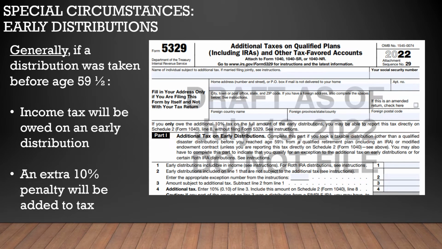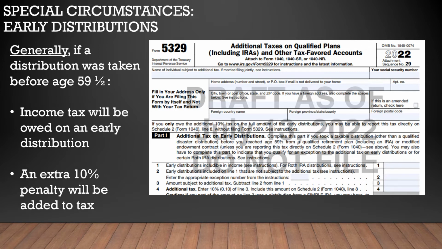So again, if you see, for instance, code 1 in box 7, we have an early distribution. Code 2 refers to early distributions as well, but there was a known exception. Generally, if a distribution is taken before age 59 and a half, then our taxpayer is going to owe income tax on the early distribution.